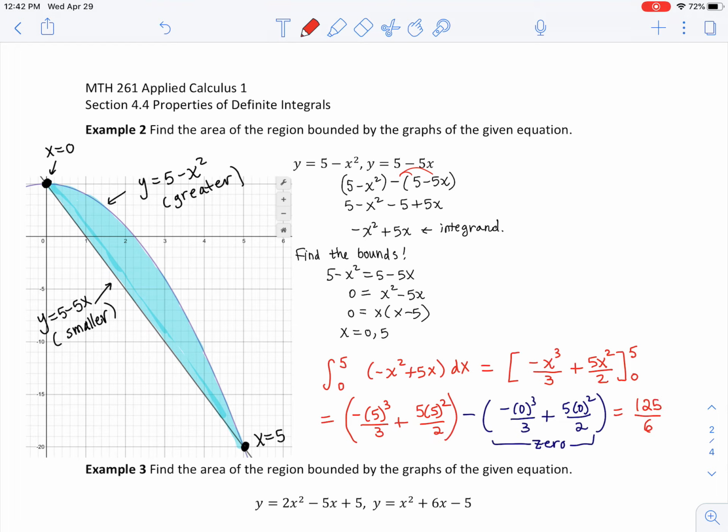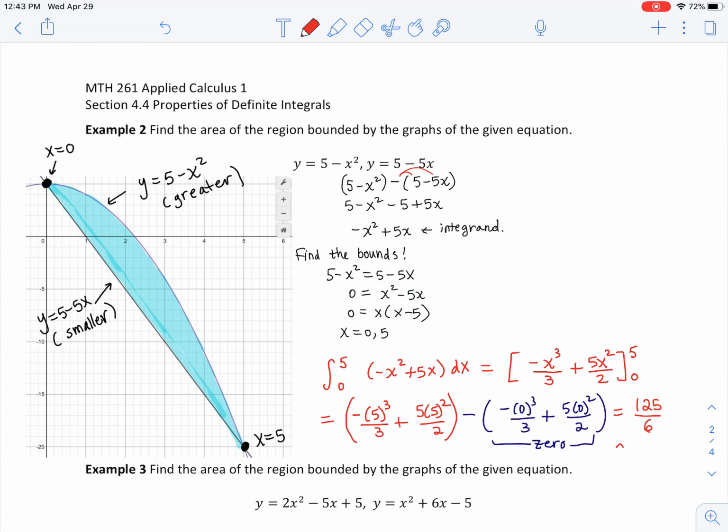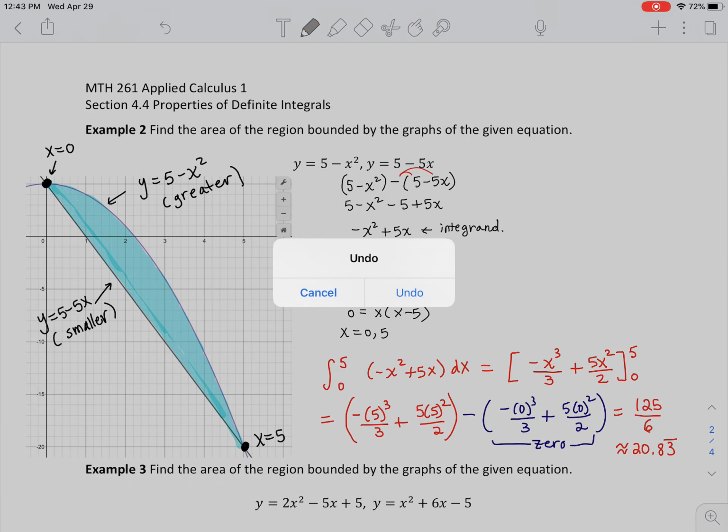But then the answer is 125 over 6. Did you also get that? 125 over 6. If you want to convert that into a decimal, it is approximately 20.83 repeating.